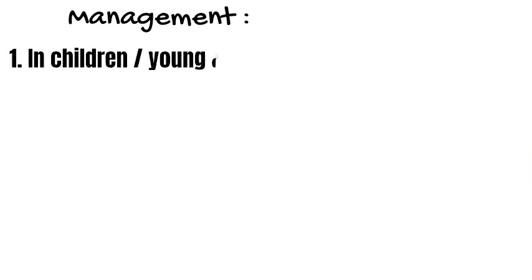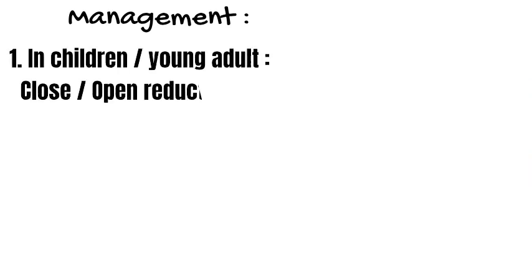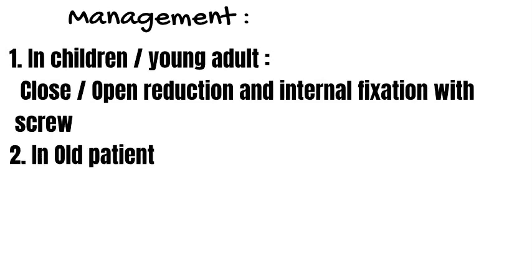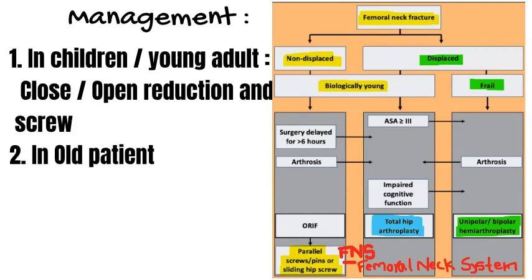Regarding management, 1. In children or young adults, closed or open reduction and internal fixation with screw or pin. 2. In old patients, this is an algorithm that can help you decide for fractured neck of femur, whether it's displaced or non-displaced.